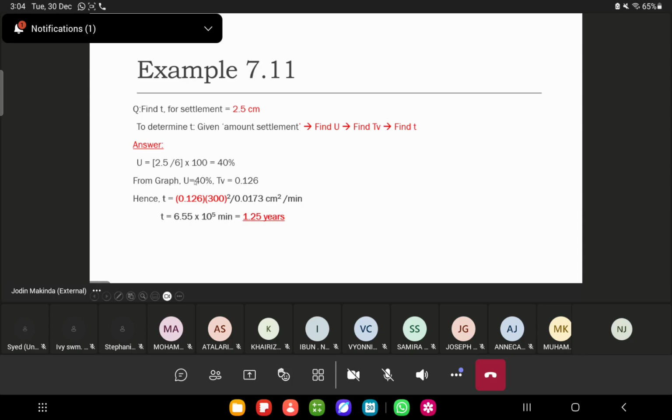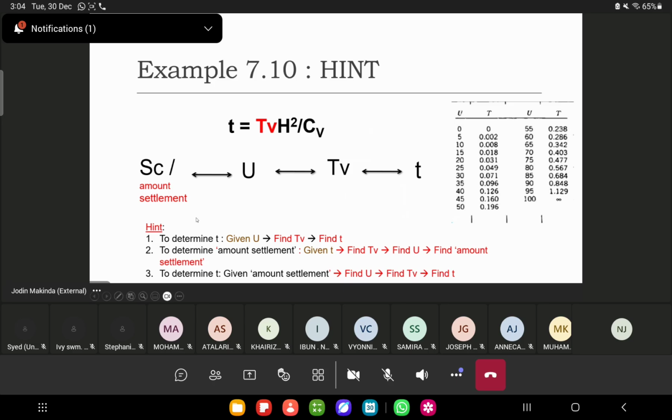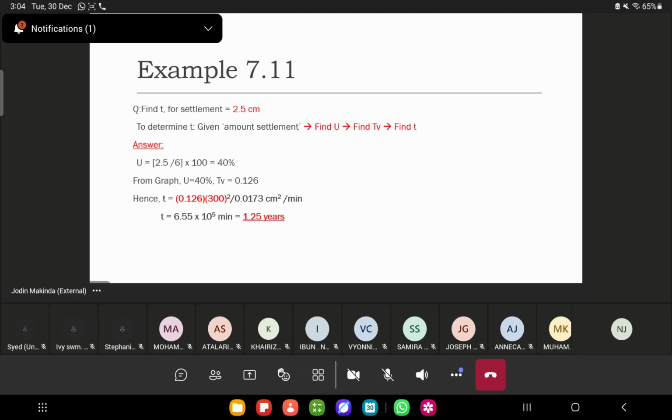From the graph, U 40% is 0.126. After TV, find T. So T adalah 1.25 years. So you follow the direction to solve the rate of settlement using this. Most importantly, using this. Ini akan masuk dalam exam.